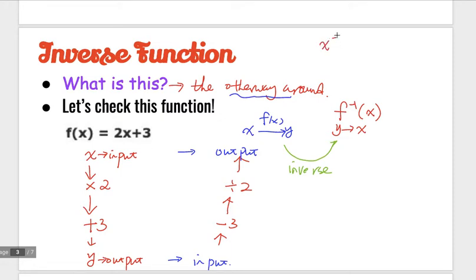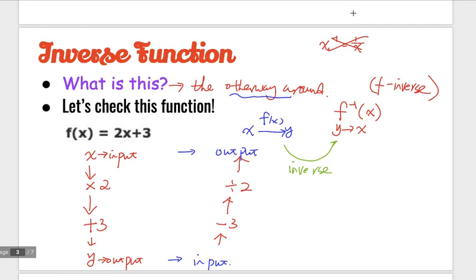So it's different from this. This is this, but this is different. So do not make a connection there. This we call f inverse. Okay, so this is just a notation. It has nothing to do with x to the negative 1 exponent.